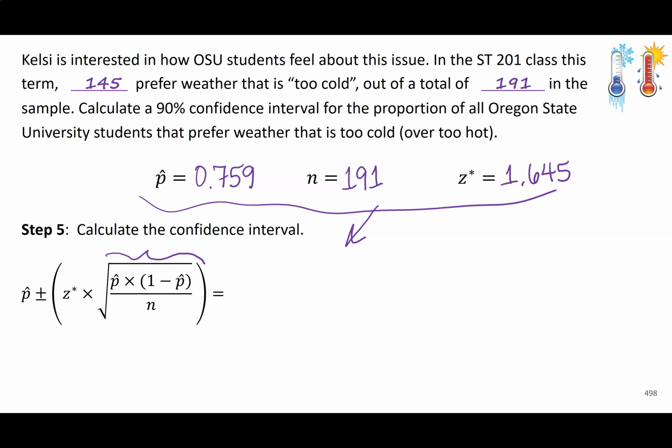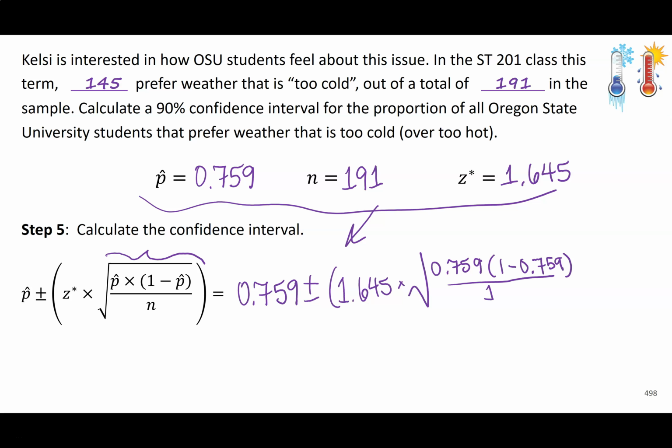So my point estimate where I'm going to start is the proportion we saw in the sample, plus or minus 1.645, my critical value, times the square root of 0.759 times 1 minus that, which is about 0.241, all over 191.